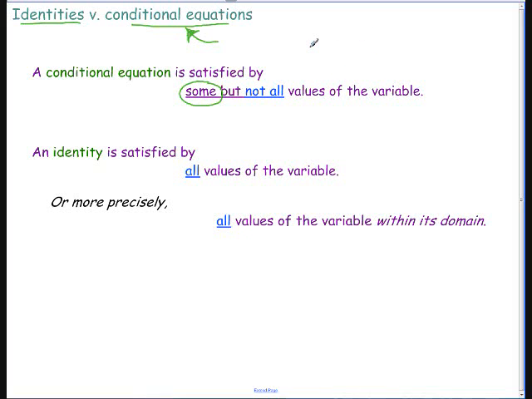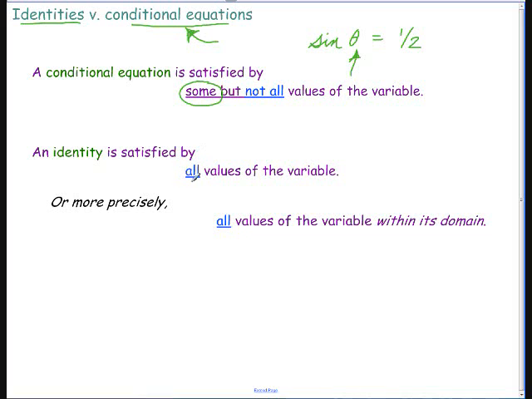So if we have sine theta equals 1/2, here's our variable, right? The angle. Not all angles will satisfy this, only some of them.